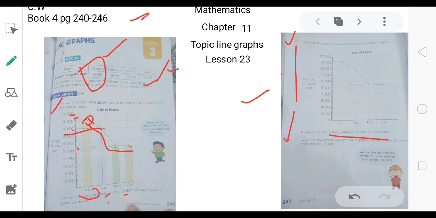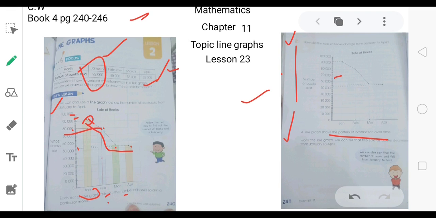A line graph shows the pattern of information over time. From the line graph, we can tell the sale of books decreased from January to April. How? What is the meaning of decreasing? It goes down. In January, it's 92,000. In February it becomes 80,000.